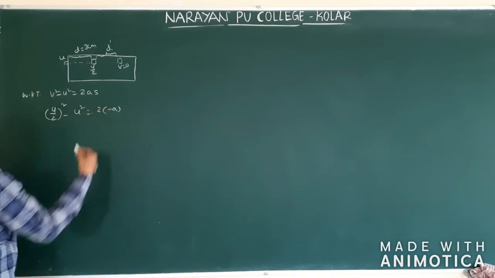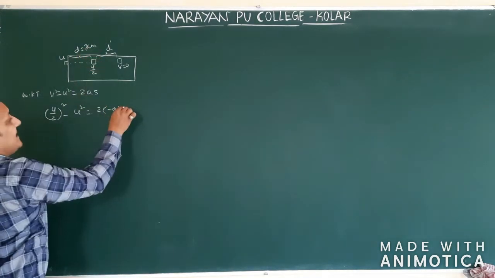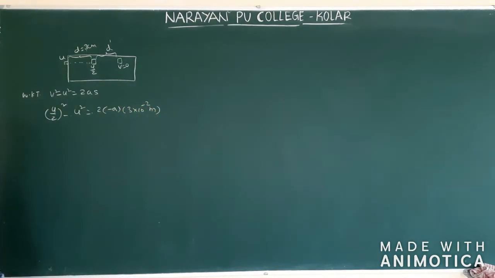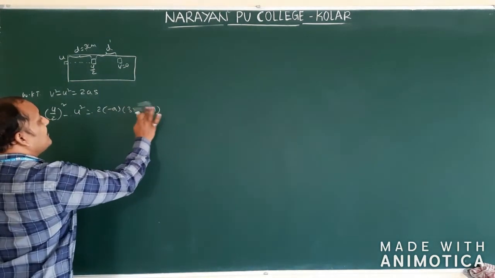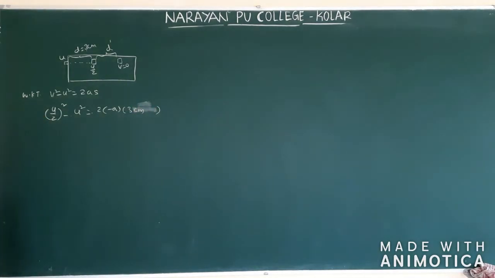A is nothing but minus a because it is moving with retardation. S is nothing but 3 centimeters, 3 into 10 power minus 2 meters. If they give answer in centimeters, you don't need to convert. Answer they gave in centimeters. Therefore, remember this distance we wrote in centimeters, 3 centimeters. This is one equation.